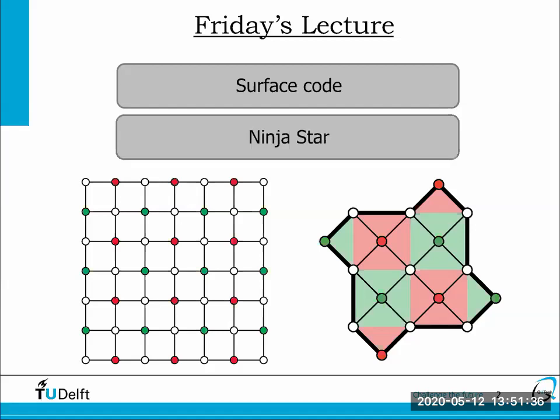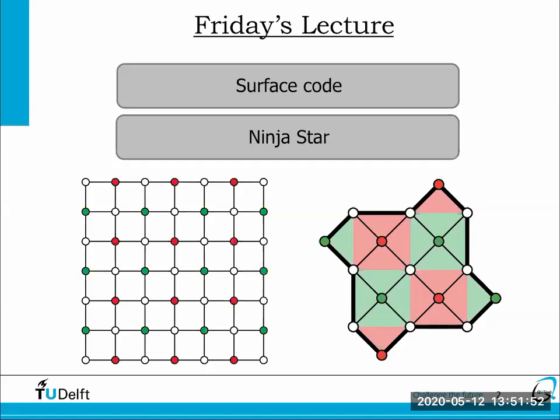So we discussed two ways of encoding logical qubits in surface code. One is planar surface code, which is just a patch or a sublattice of your array of qubits, and the other is defect-based surface code, in which you create holes within the lattice.